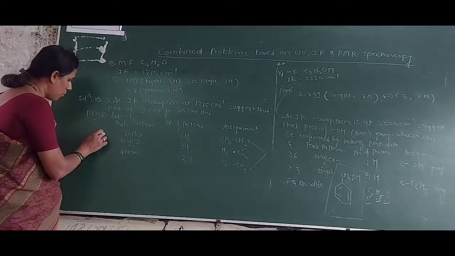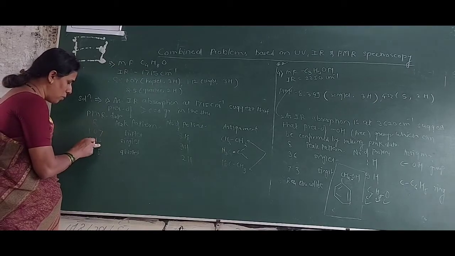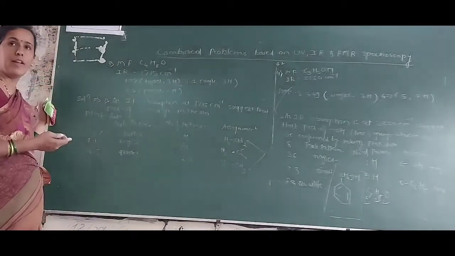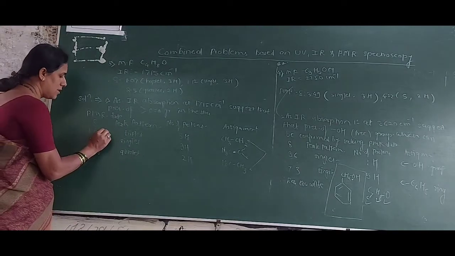Now here 1.07 and 1.12, which is more shielded?